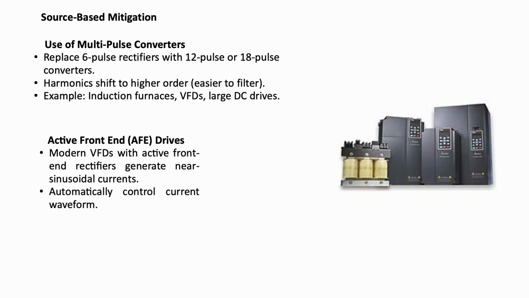Active filters are dynamic and intelligent. 12-pulse or AFE drives are the best solution for new industrial systems aiming for IEEE 519 compliance. A well-designed mitigation plan ensures stable voltage, lower heating losses, higher equipment life and better overall system reliability.